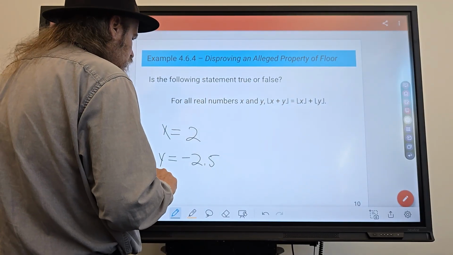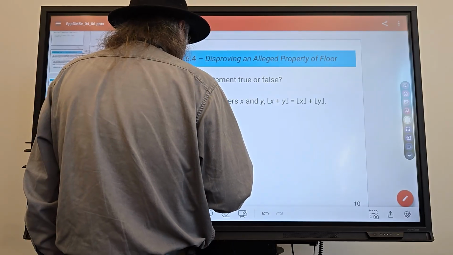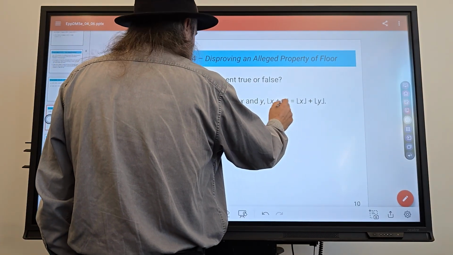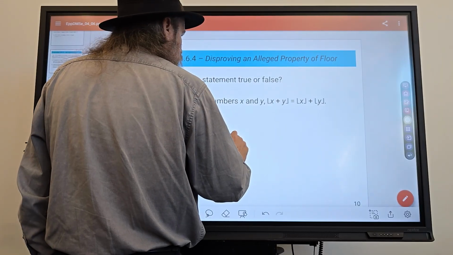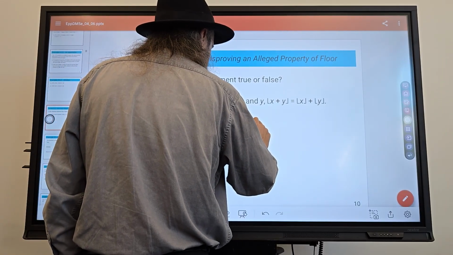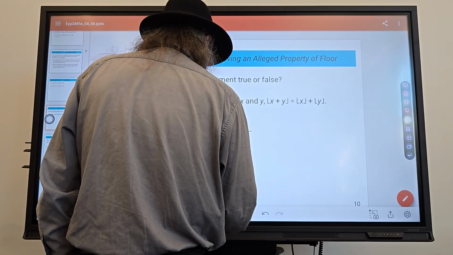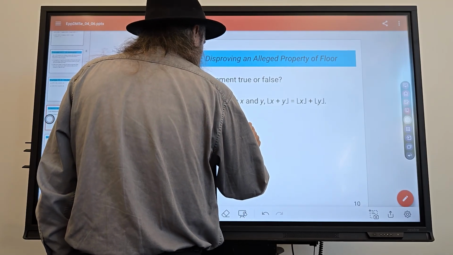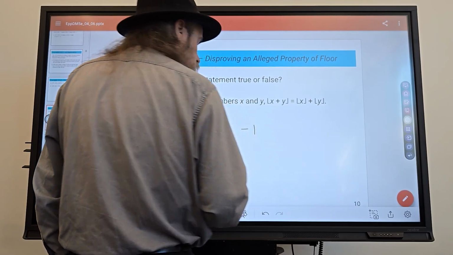I just picked two numbers. The floor of x plus y would be -1.